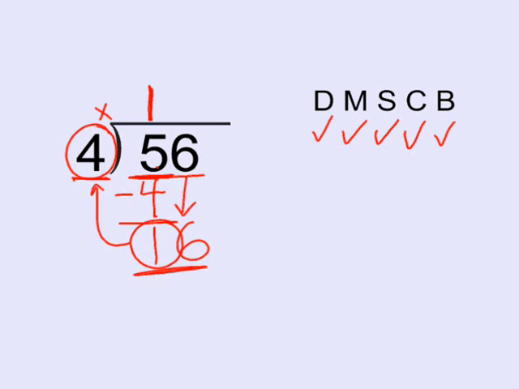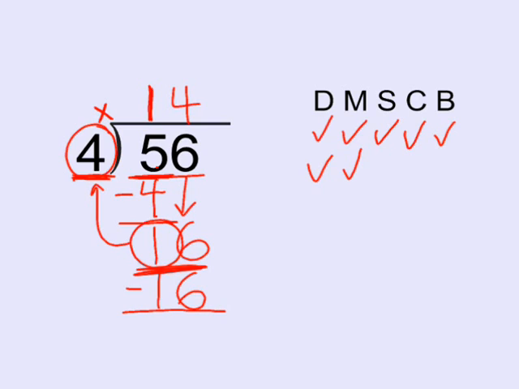So now when I go to divide again, I have to repeat the whole process. Divide, multiply, subtract, check, and bring down. I have to make sure that 16 is my new number. So I'm going to divide 4 into 16. 4 into 16 goes 4 times. I have to multiply. 4 times 4 is 16.